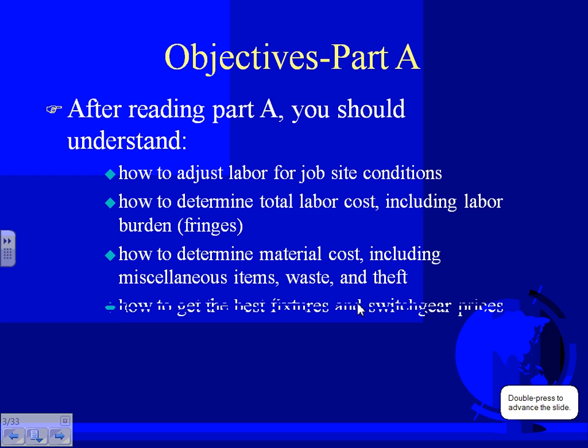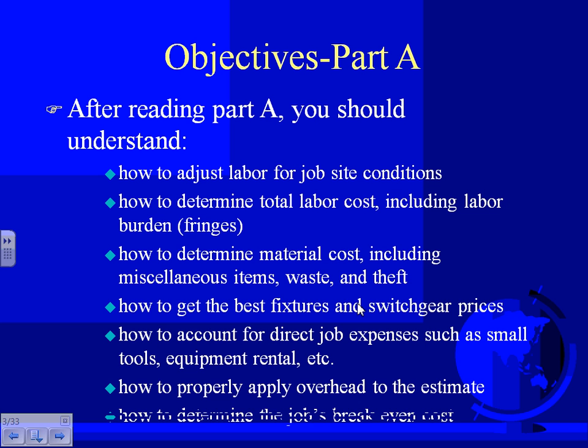Okay, here's a few things, guys, that you're going to learn about the estimate summary. We're not going to the bidding yet, just the estimate summary. The key point, guys, is to adjust the labor, based on the conditions.